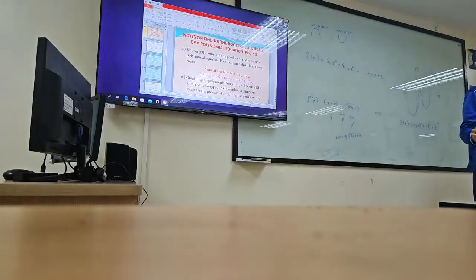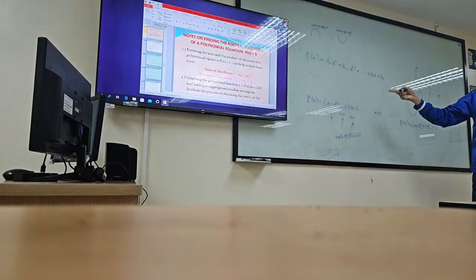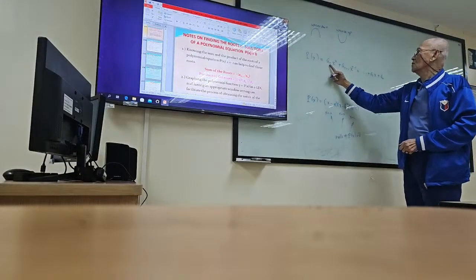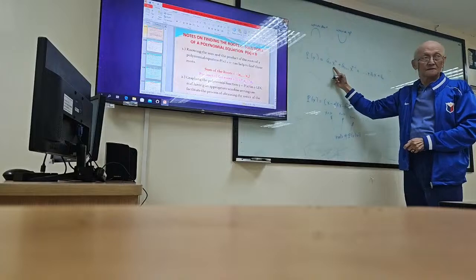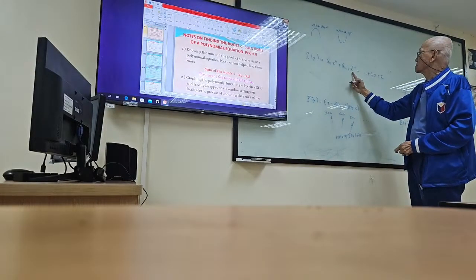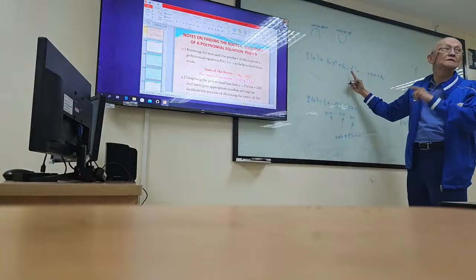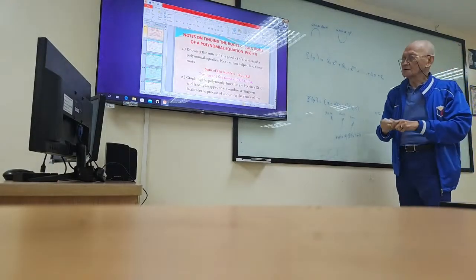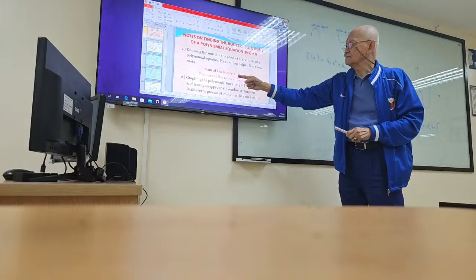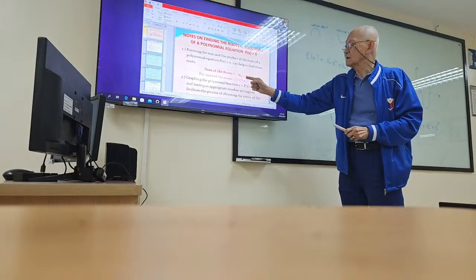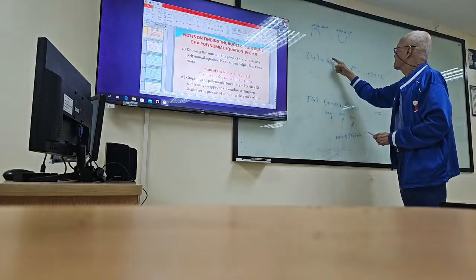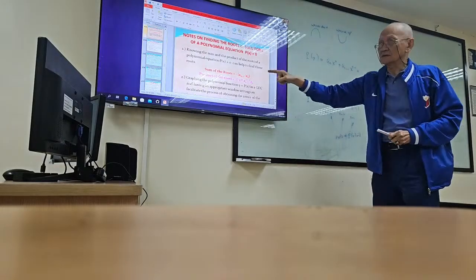Correct? This is the format of a polynomial. This is your a_n, the coefficient of the x^n term. a_(n-1), the coefficient of the x^(n-1) term. So there you go. This is negative a_(n-1) over a_n. That is the sum of the roots.